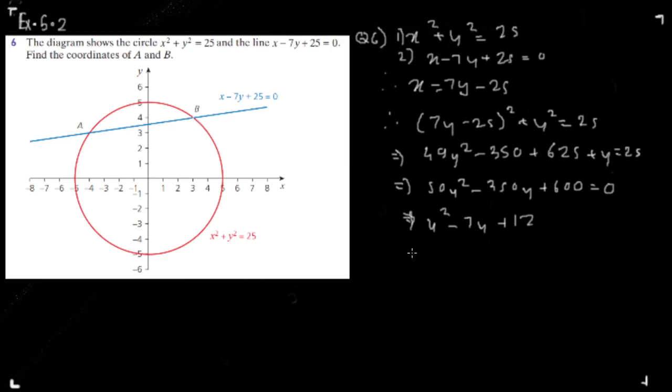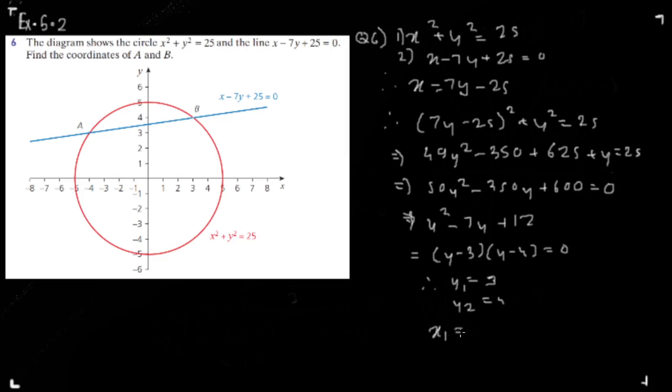Now, if you factorize this, I don't think you need the quadratic formula. So for this, you can just get (y minus 3)(y minus 4) is equal to 0. I am not going to bother doing all the factorization. So y1 is 3, y2 is 4. From there, we plug this in.